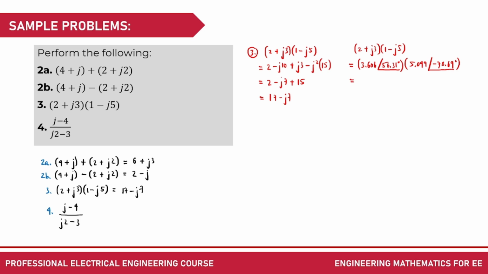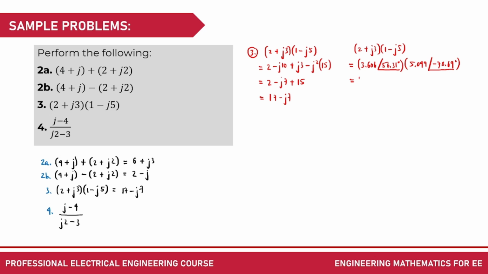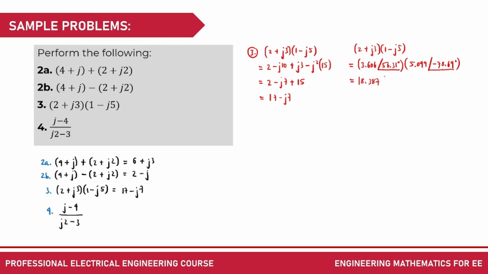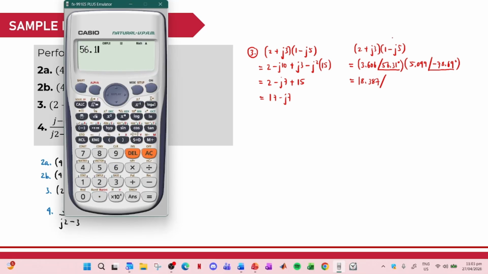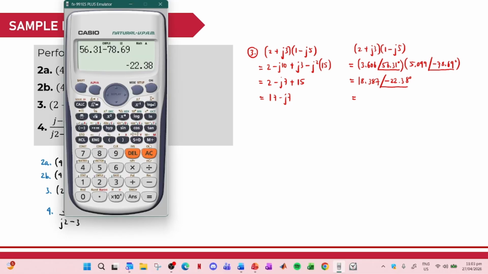And in the process of doing multiplication using polar form, what we do is we multiply the magnitudes, which is 18.387 angle, and then we add the angles, 56.31 minus 78.69, which gives you angle negative 22.38 degrees. Then lastly, to fit it in with the answer, we have to convert it back to rectangular form.